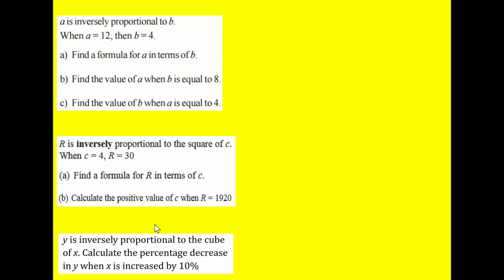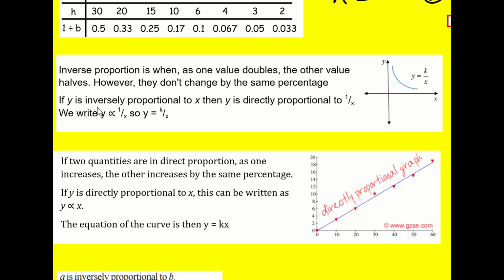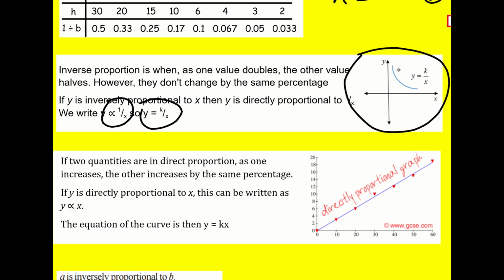You need to know that if I say something's inversely proportional, then you can write this down, and then that y equals k over x. You also need to have an understanding of this kind of shape. When two things are inversely proportional, this is the sort of graph.